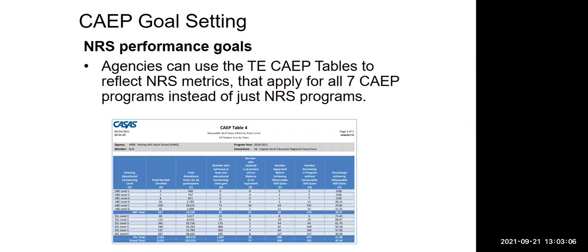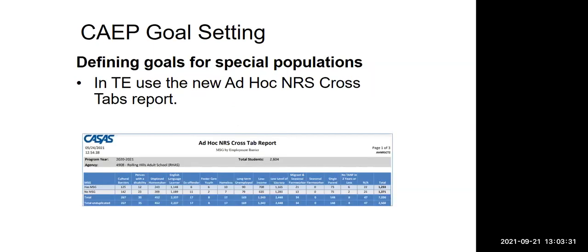So here we're saying we can run NRS performance goals, but incorporate things like CTE students that might be doing pre and post testing, or CTE students that might be enrolled in special programs, or maybe looking at demographics percentages for all CAEP students rather than just NRS, just to give some specific examples.